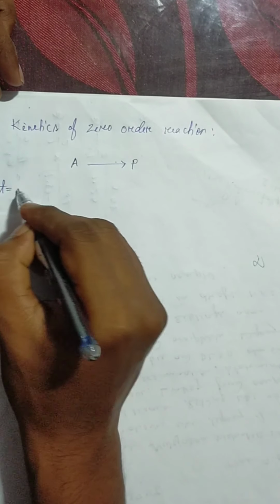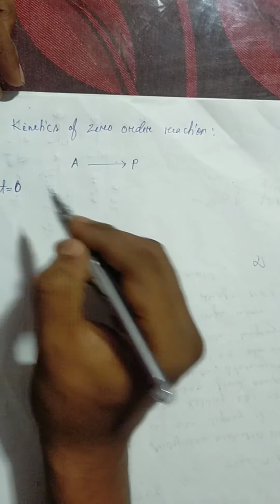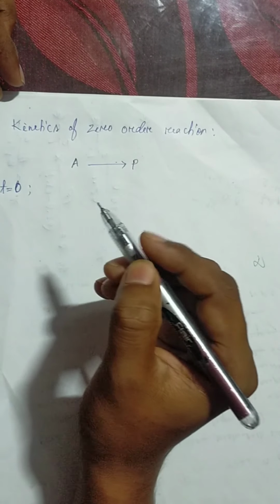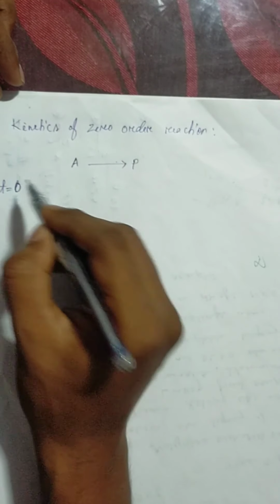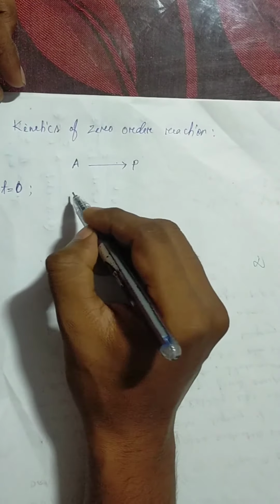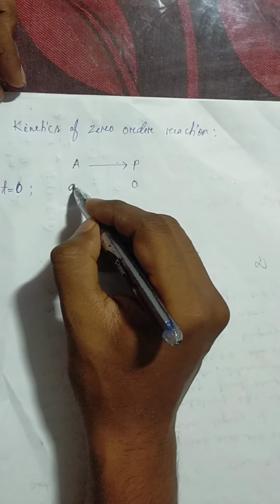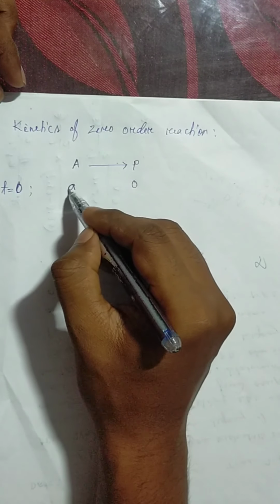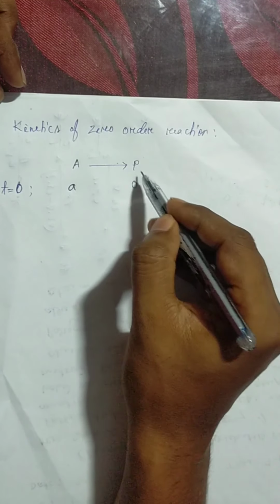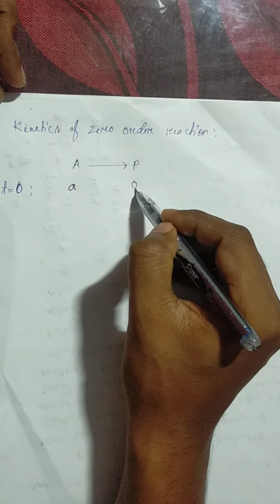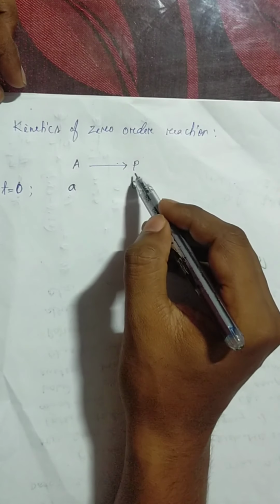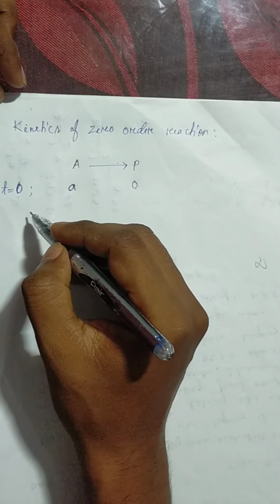At time 0, at the initial state, the amount of reactant will be A, and there is nothing like product, so the amount of the product is 0.